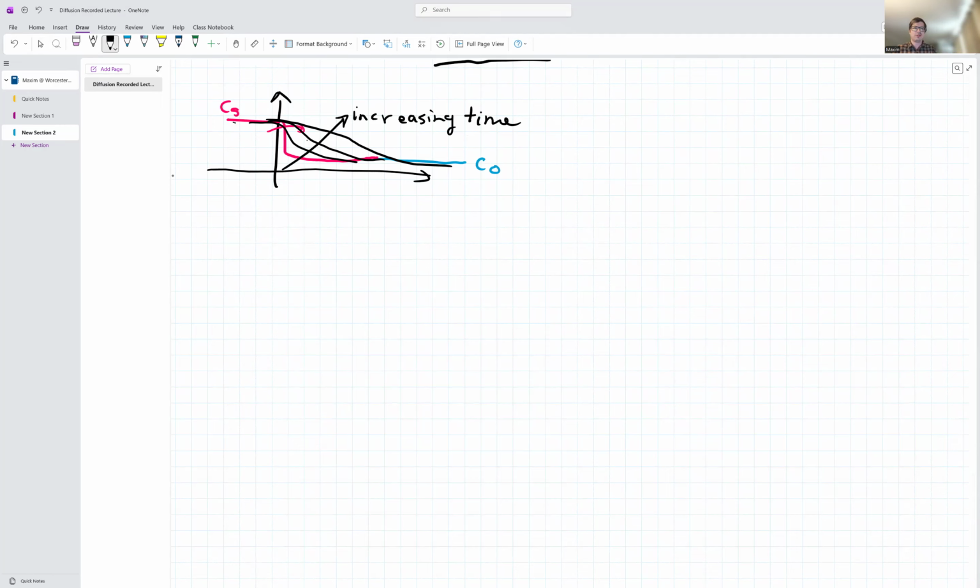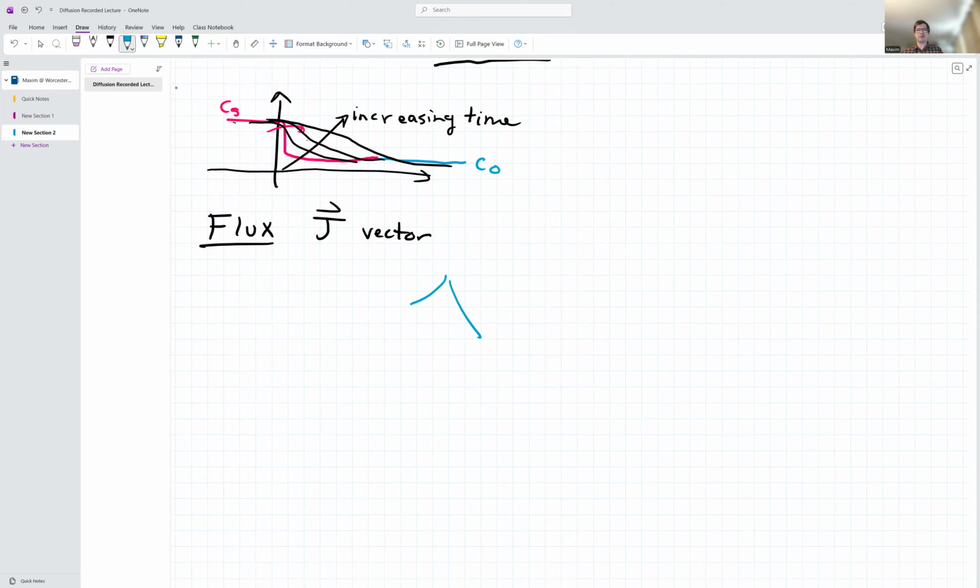So flux is a vector quantity. So it's a vector. And it describes the number of particles going through a certain area per unit time.